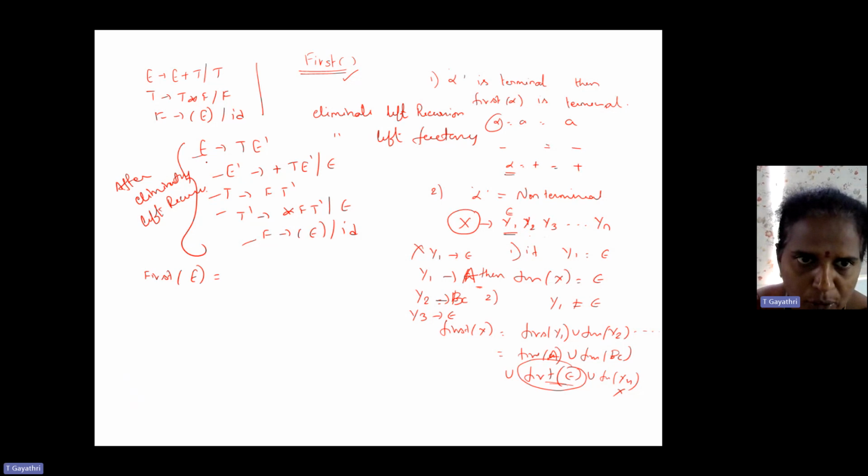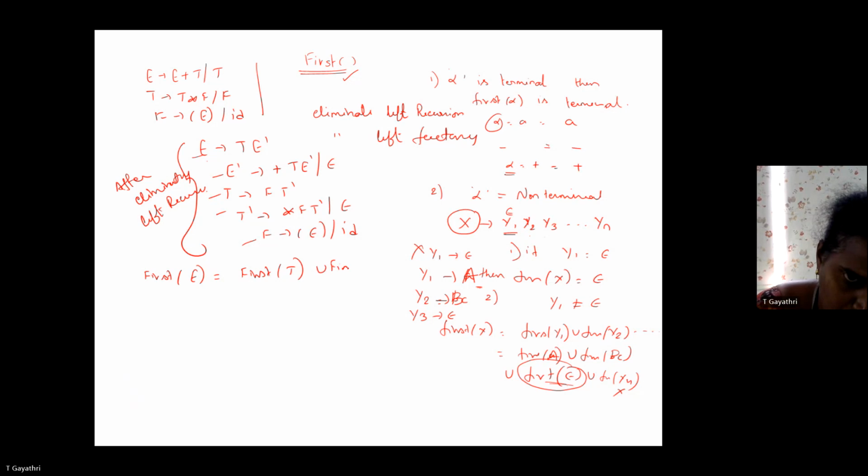Now we go to the E production. E tends to T E dash, that means first of T union first of E dash, right? So what is the first of T value? T tends to F, so we can write first of F in this place.